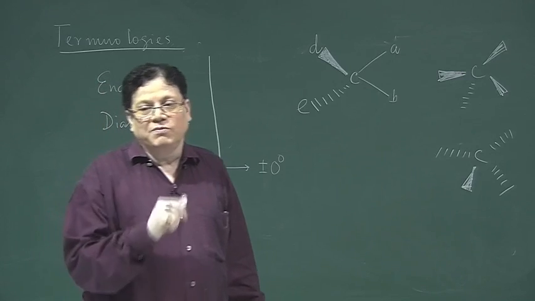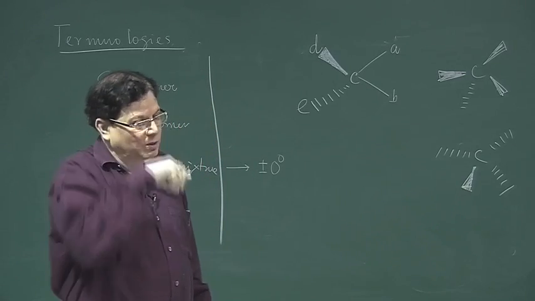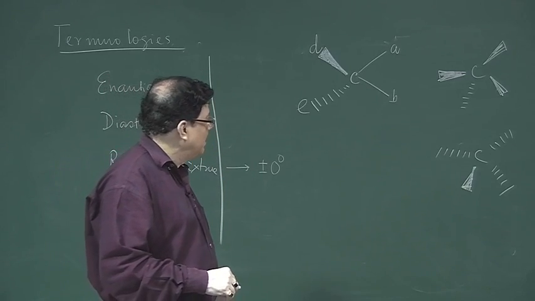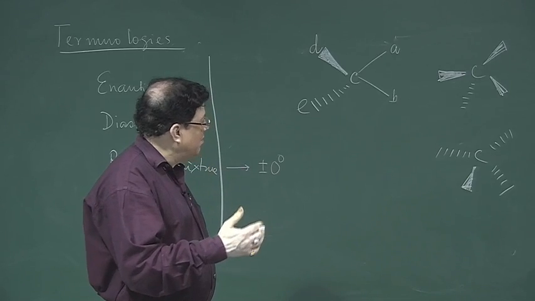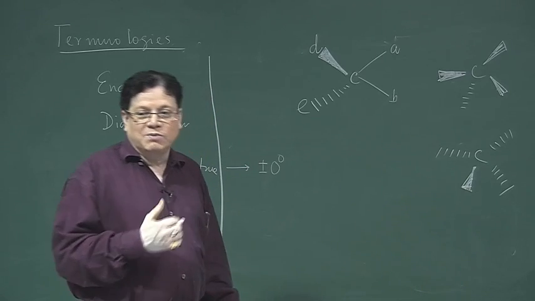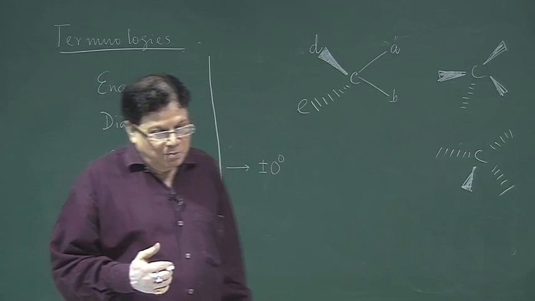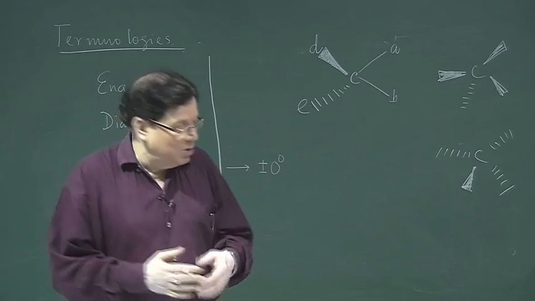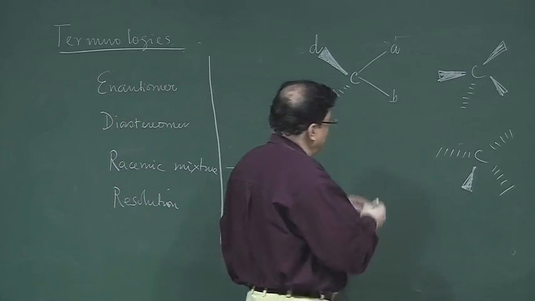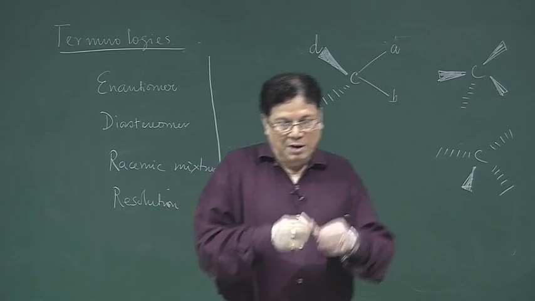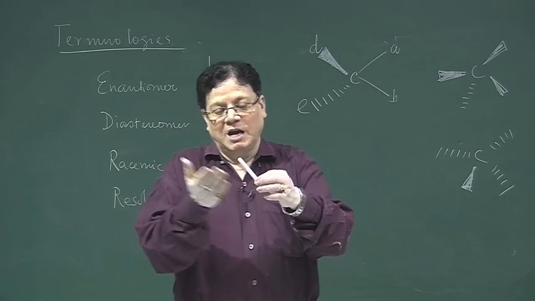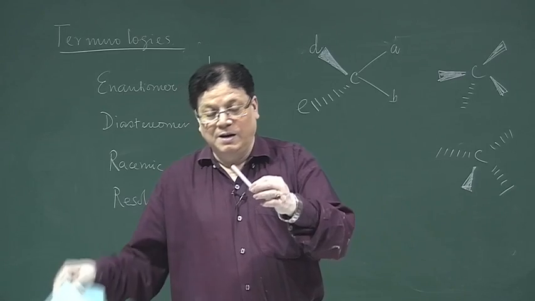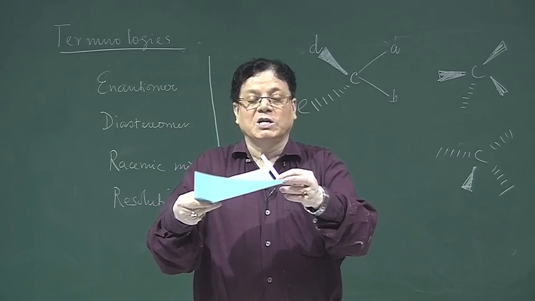Now, there are other kinds of perspective formula which are more useful in stereochemical representation of molecules, and they are called projection formula. Okay. What is projection formula? You know that projection means, if you have a line above a certain reference plane, what is the projection of this line?